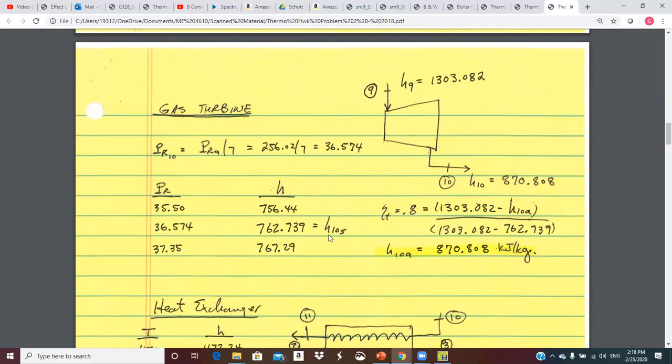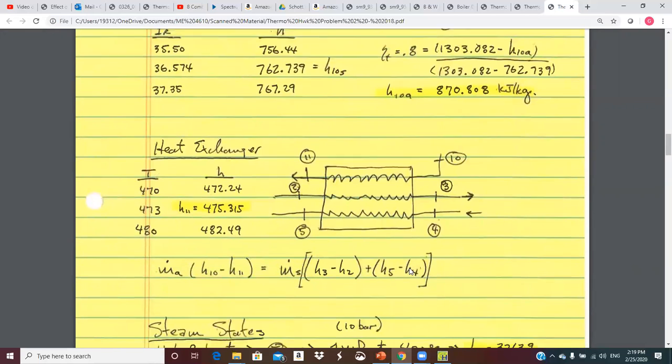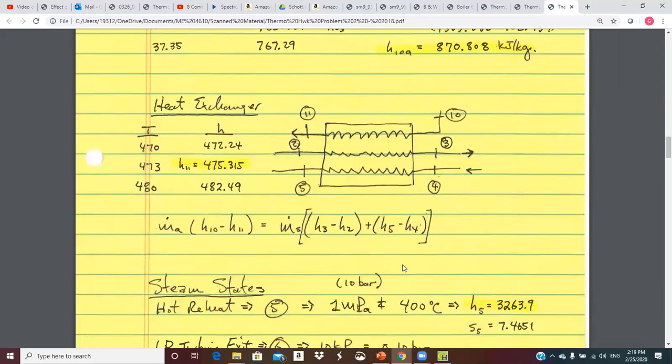We're interpolating, and this enthalpy is isentropic, so this is 10S, 726.739. Then this is the isentropic expression for the turbine, so you plug in here and solve for H10A, which is 870.8. Everybody good? All right.